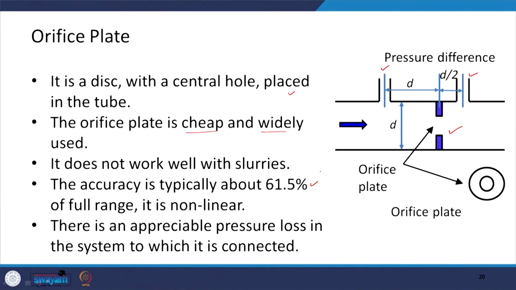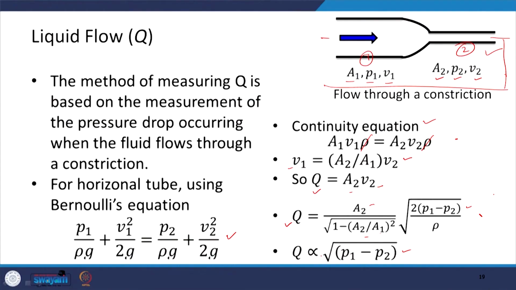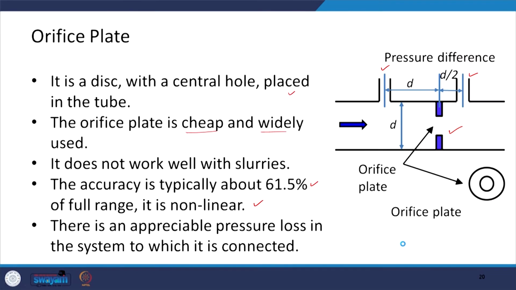The accuracy is typically about ±1.5% of the full range and it is non-linear. Why non-linear? Because we have seen the relationship that Q is proportional to the square root of P1 minus P2, so this is a non-linear relationship. There is also an appreciable pressure loss in the system to which it is connected.